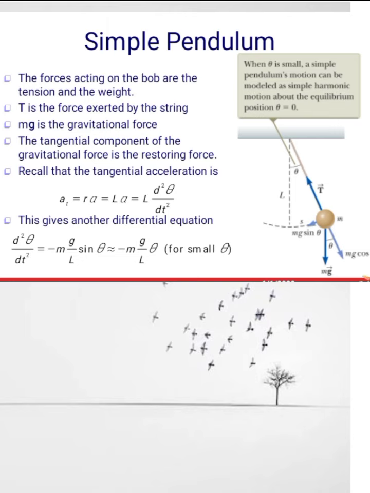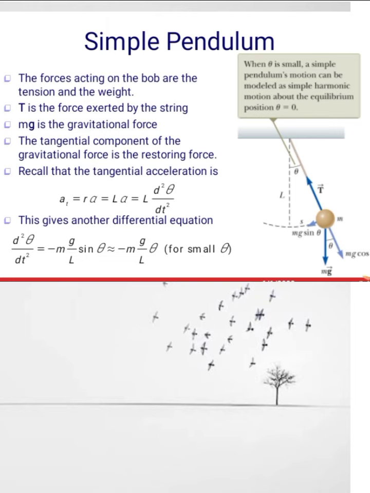Point 5. Recall that the tangential acceleration is a_t equals rα equals Lα equals L d²θ/dt². Point 6. This gives the differential equation d²θ/dt² equals minus g over L sin θ, which is approximately minus g over L θ for small θ.